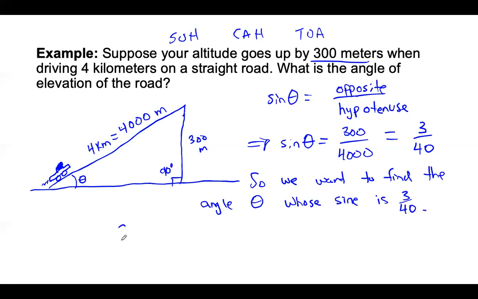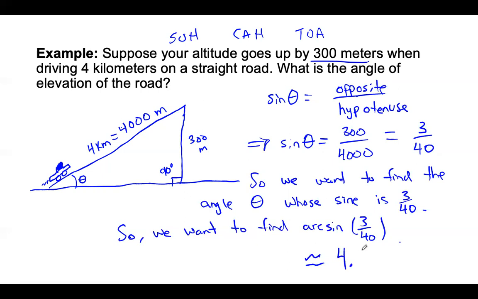You need a calculator, or you could just write it out like so. We want to find sine inverse or arc sine of 3/40. And this is approximately equal to, if you punch it into your calculator, anyone? Yeah, like 4.3 degrees.